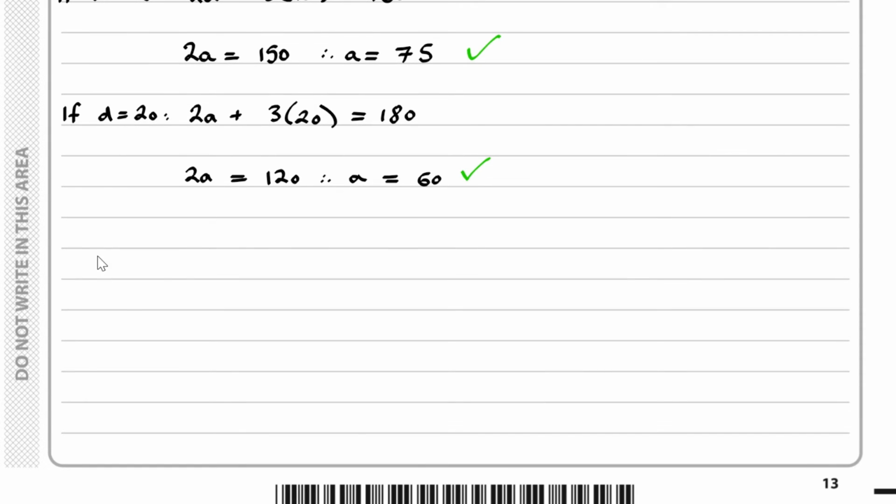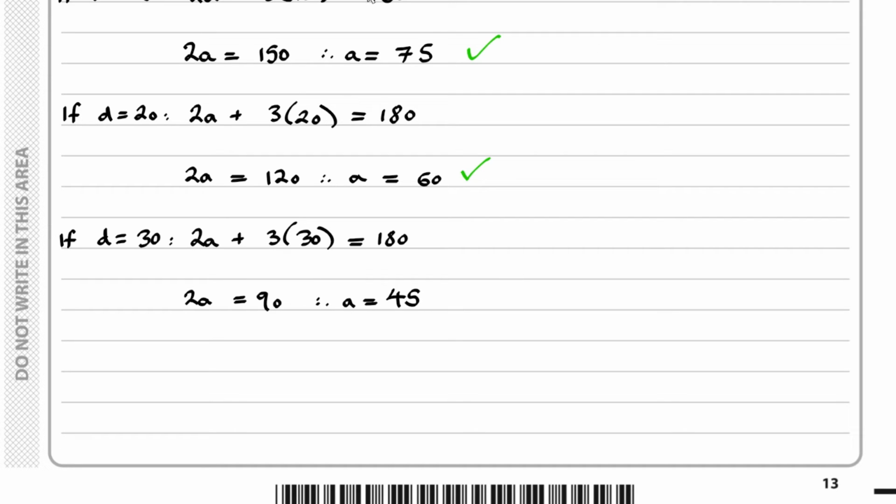Now let's see what would happen if D is equal to 30. If D is equal to 30, we have 2A plus 3 lots of 30, which is equal to 180. So we have 2A, which is equal to 90, and therefore A is equal to 45.